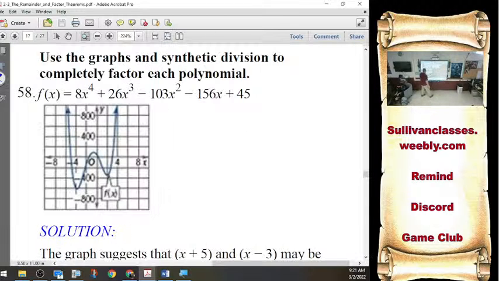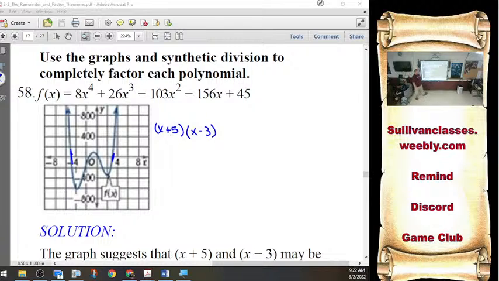Use graphs and synthetic division to completely factor each polynomial. Based off of this, I know that there's an x plus 5 right there. I know there's a likely x minus 3 there. And then I've got 2 that are somewhere.